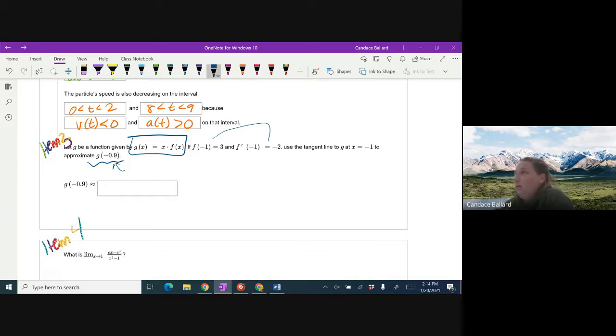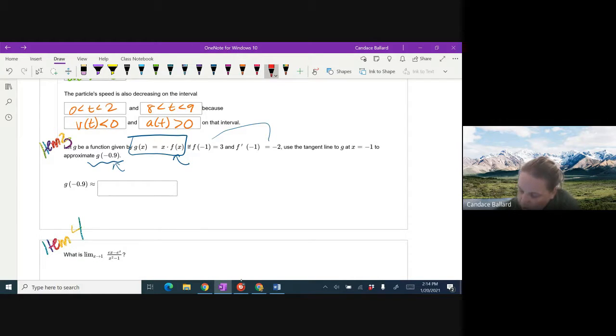This is not the point and the slope that we're using. So it's not that easy. If it was that obvious and I didn't do anything with this, then I haven't done the problem right. On the calculus test, there's no extra stuff in the problems. You have to use every part. So before I get into doing point and slope, which you guys correctly identified, I'm going to take the derivative of this G, what rule am I going to need?